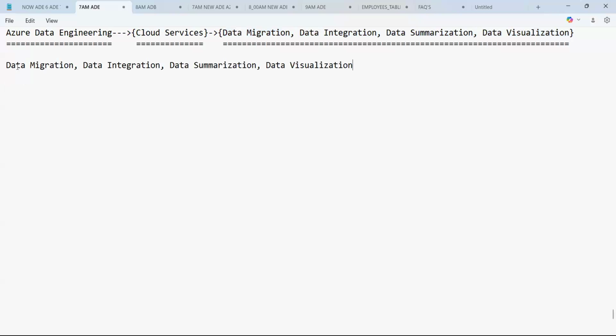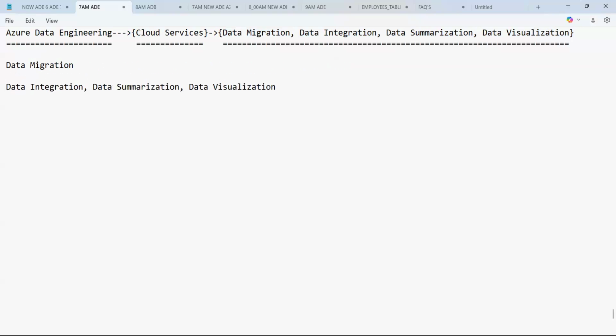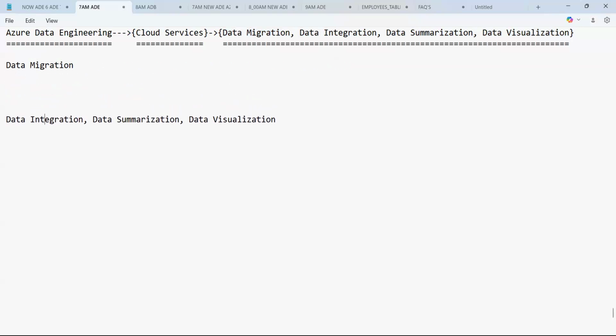So let's try to understand all of them. What is data migration here? What is data integration? What is data summarization? And data visualization. So let's try to see all of them here, guys.